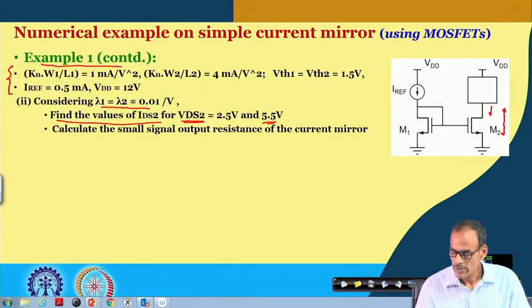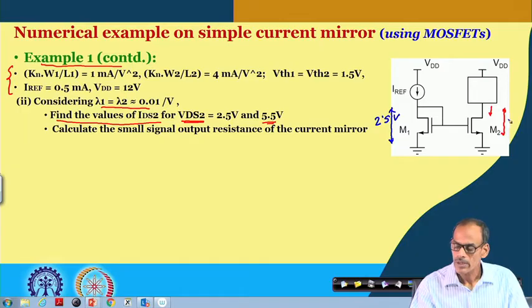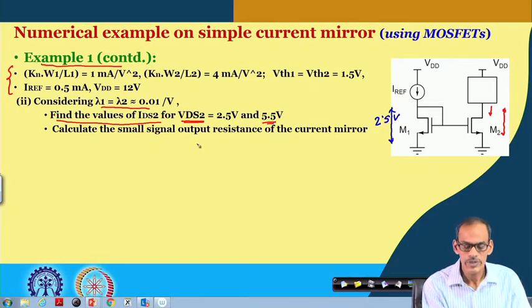Now, you may recall from our previous calculation, the voltage here is 2.5, VGS we already have calculated is equal to 2.5, and so that is also VDS of transistor 1.